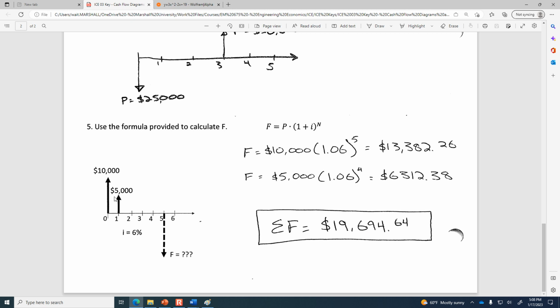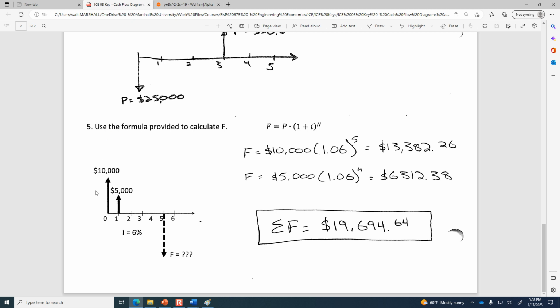$19,694. So what we're doing is we're treating each year as some individual present value. Now think about what we just did. This amount at year 1 is not actually at the present. It's at year 1. But we used the formula find F given P, and we pretended like this amount at year 1 was at the present. We just changed our frame of reference.